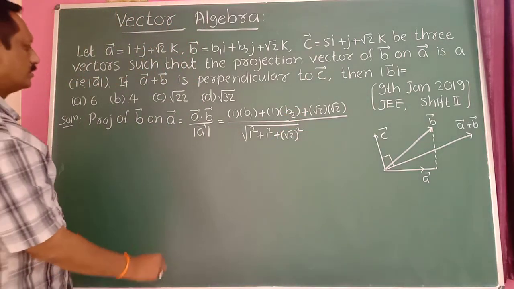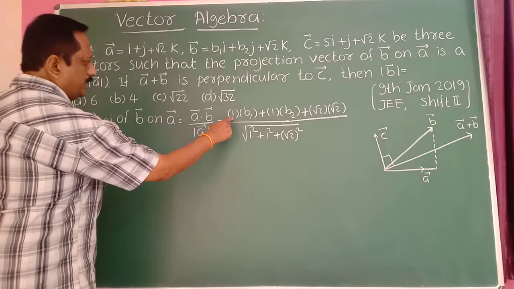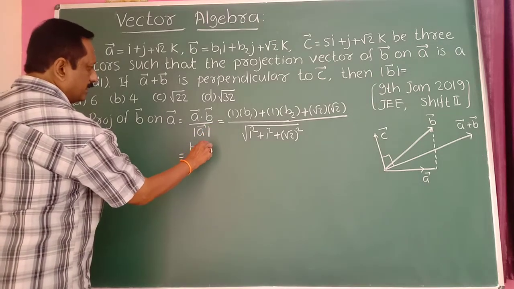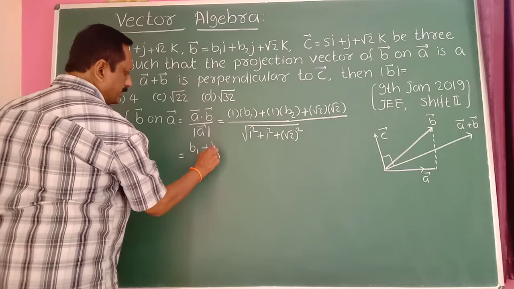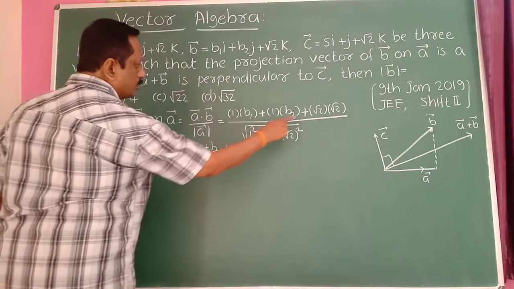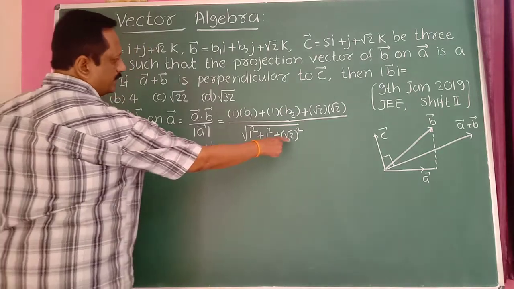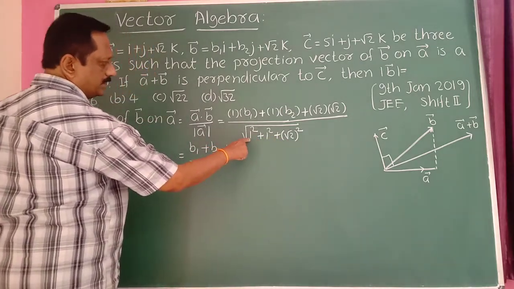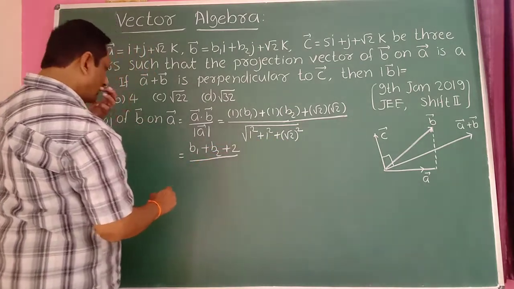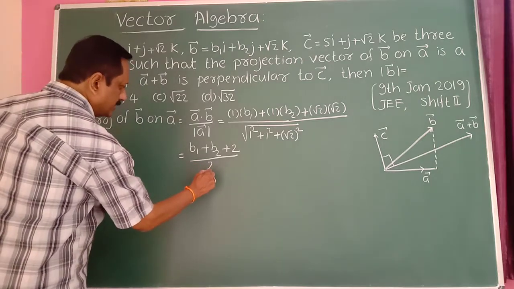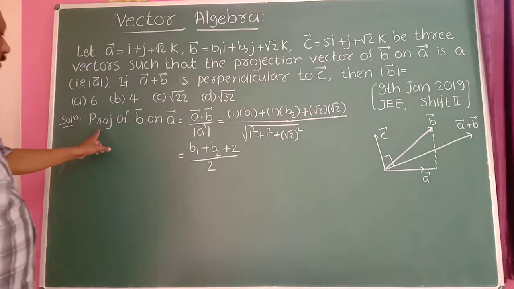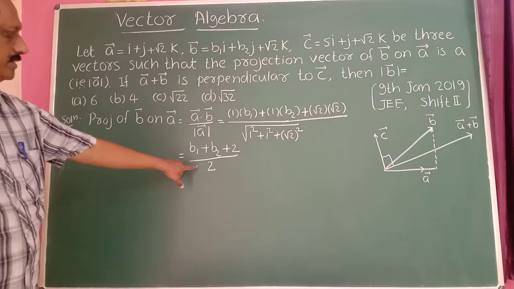Therefore, this is equal to 1 into B1 is B1, 1 into B2 is B2, then root 2 into root 2 becomes 2, divided by square root of 2 plus 1 plus 1, square root of 4, which is 2. Hence, projection of b bar on a bar is this one here.